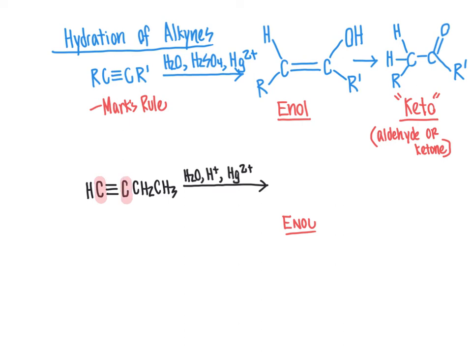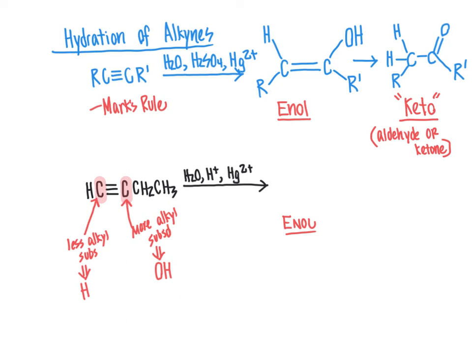So the one on the right is the more alkyl substituted. And so that is going to be where the OH goes. On the other hand, the carbon that has more hydrogens to start with is going to be the one that picks up the proton. It is the less alkyl substituted, in other words. And it is going to pick up the hydrogen atom. That is a description of Markovnikov's rule.